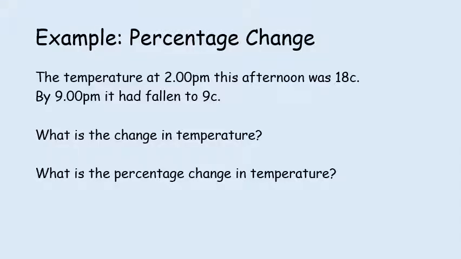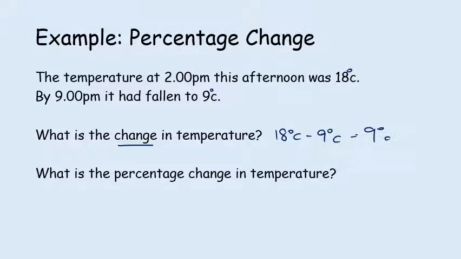So the temperature at 2 p.m. this afternoon was 18 degrees Celsius, and by 9 p.m. it had fallen to 9 degrees Celsius. What is the change in temperature? So the change, not the percentage change, is just 18 degrees Celsius take away 9 degrees Celsius, which gives us 9 degrees Celsius. And what is the percentage change in the temperature?